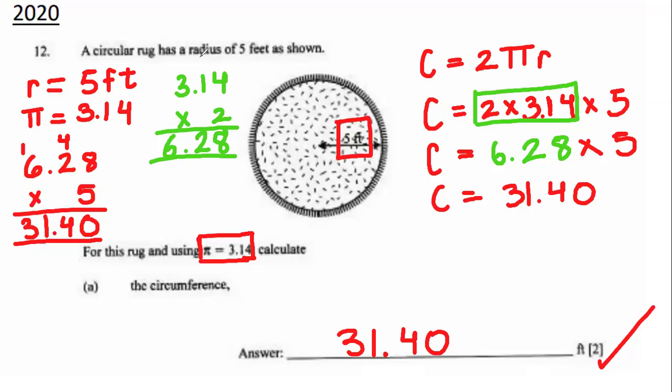The radius is half of what? The diameter. And the diameter is twice as long as the radius. What is the circumference formula? 2 pi r, very good.